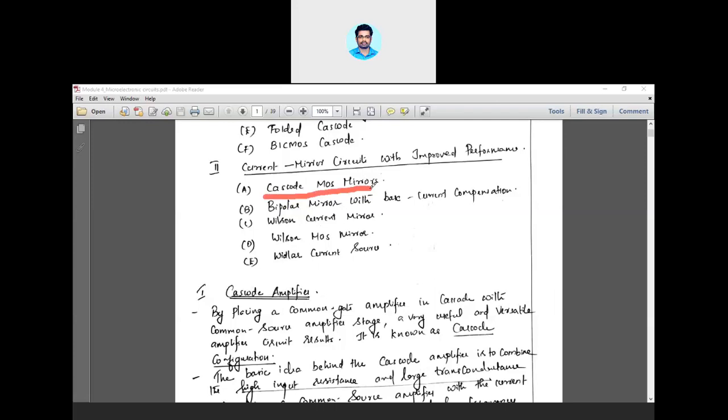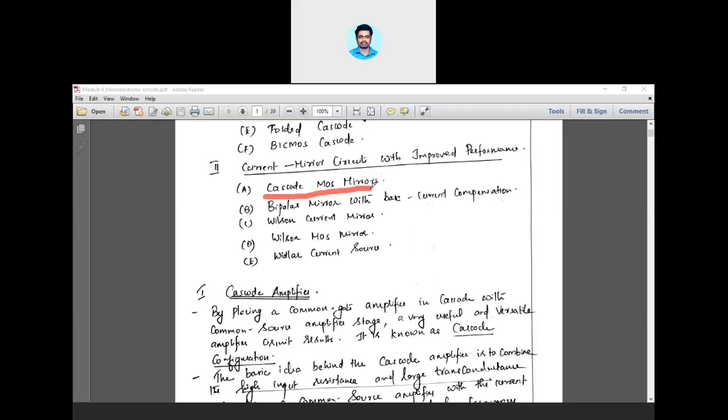So in the fourth module we have been dealing with this cascode amplifier. The cascode amplifier always requires a current source which is able to produce an output resistance that is convenient to that particular amplifier. Okay. So a cascode amplifier normally requires an output resistance of A0 into R0. A0 is the gain of the transistor and R0 is the conventional output resistance of a common source. Okay.